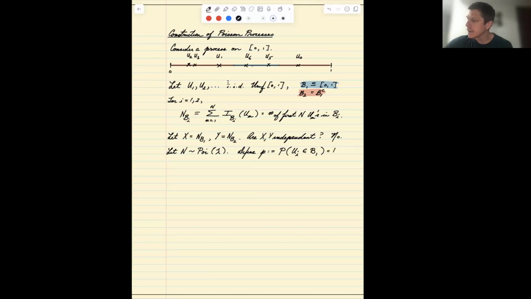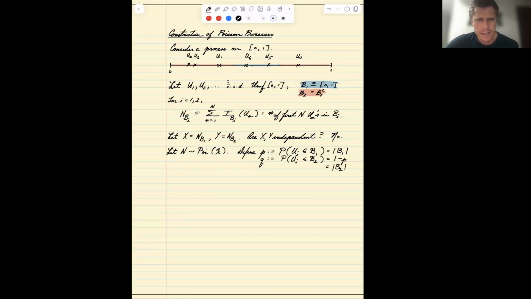That's how uniform variables behave. And the probability that U is in B2 is just 1 minus p, which is the size of B2.